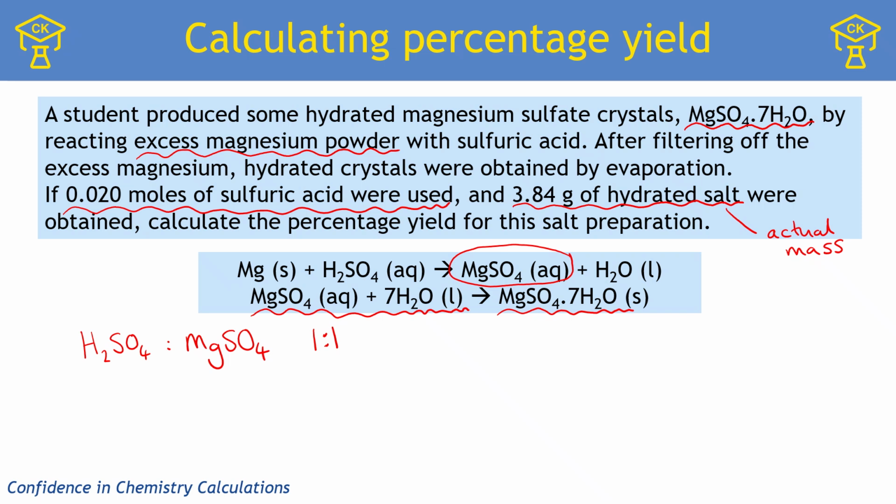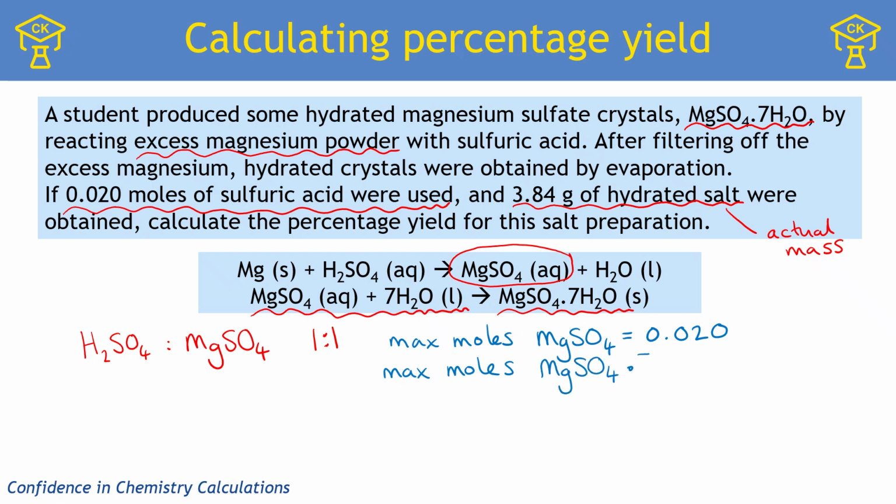That means that my maximum possible moles of MgSO4 is going to be 0.020, which means that by extension, because it's all 1:1 in the second equation as well, my maximum number of moles of the hydrated salt is also going to be 0.020.